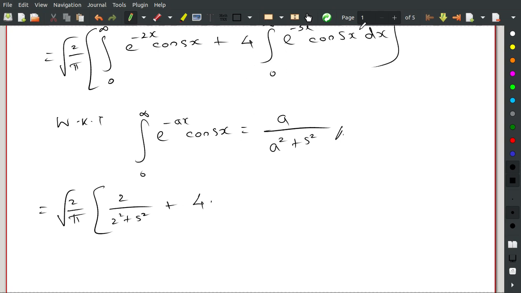And for this integral our a is 3, therefore 3 divided by 3 square plus s square.